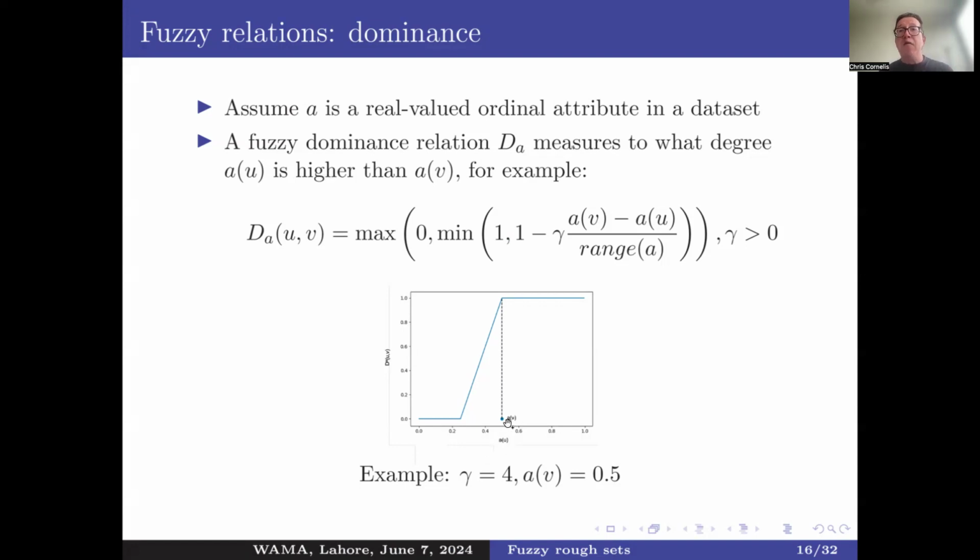So if a(v) is still 0.5, then a value a(u) will dominate it to a degree 0 if a(u) is smaller than 0.25. Then it increases until it becomes 1, starting at 0.5. So note that there is a segment where a(u) is still smaller than a(v), but it dominates a(v) to a certain extent because of this formula.